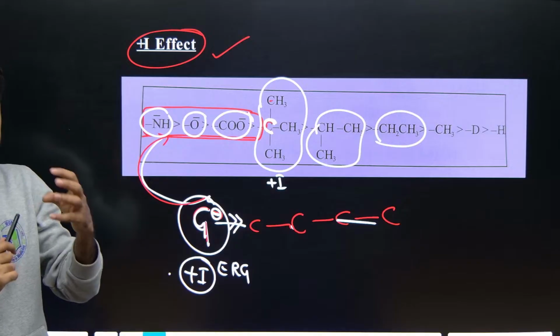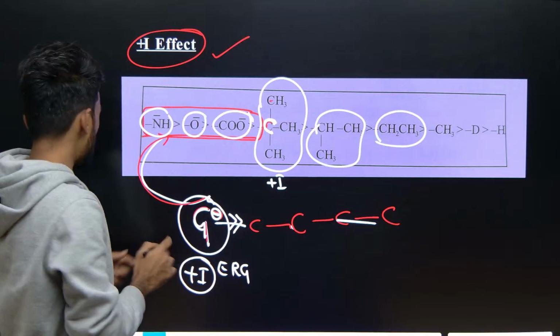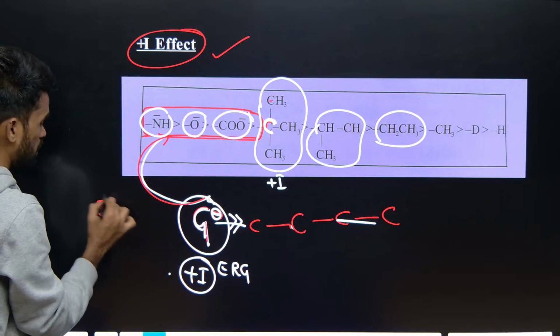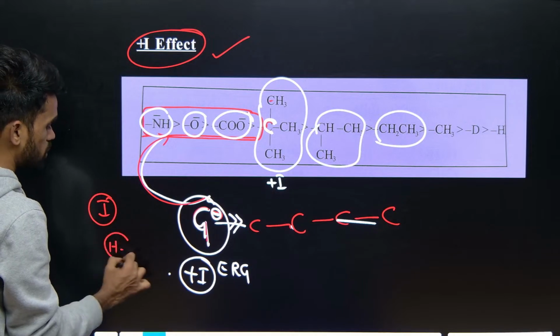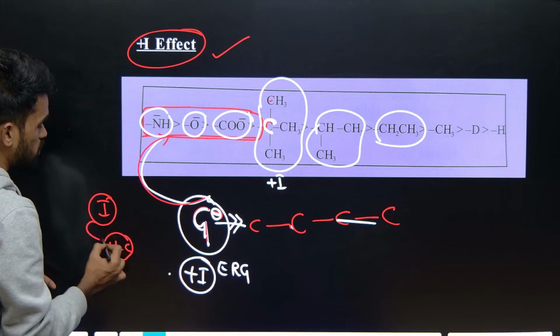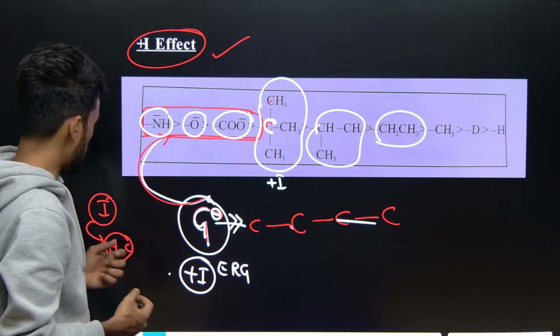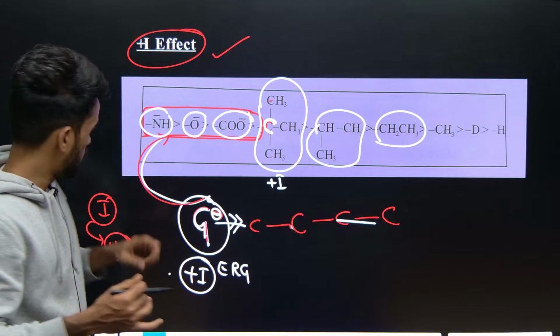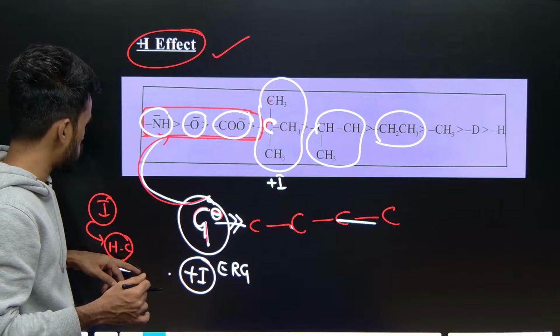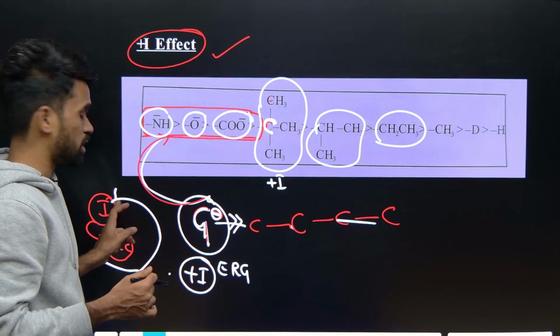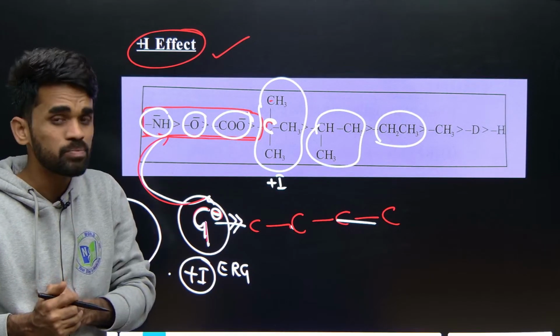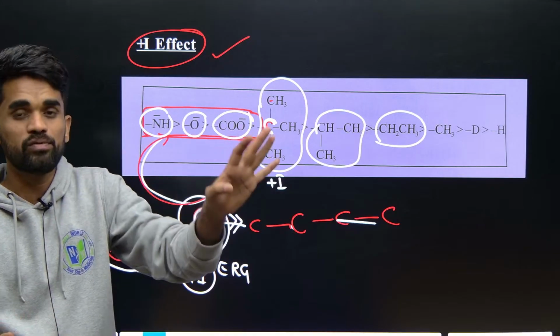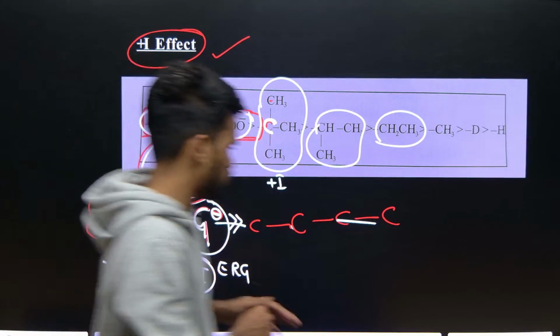Once you get clarity on inductive effect, you need to study hyperconjugation, where things will differ a little. That may make you confused when you see the application of hyperconjugation and of inductive effect, because there are little variations, but I will give you complete clarity on that. Do not worry about that.